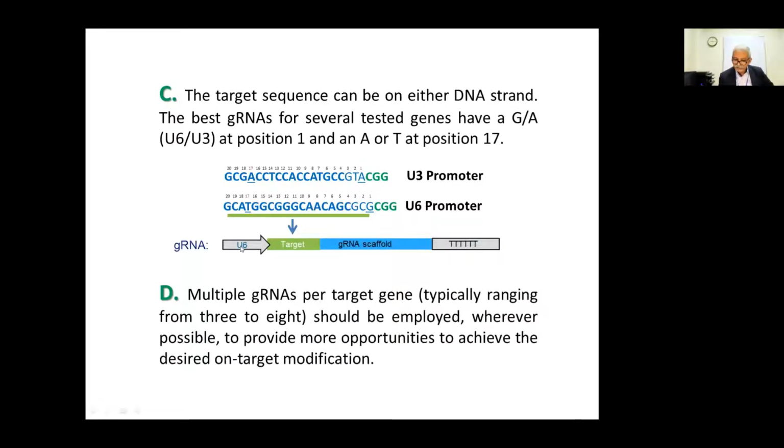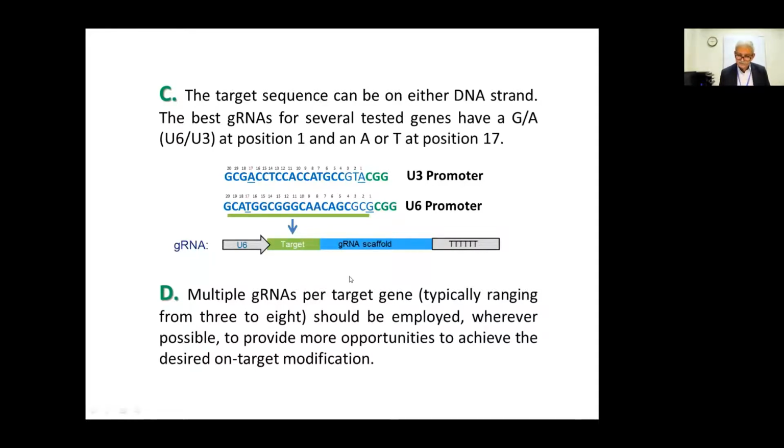You have a promoter, and then you take these 20 nucleotides as the target, and the gRNA scaffold on the upper hand side towards the target has the CRISPR RNA, and below that it has a tracer RNA. And then a stop codon, so that this is the RNA which is produced, and it makes a total gRNA which will be functional for targeting a specific gene.